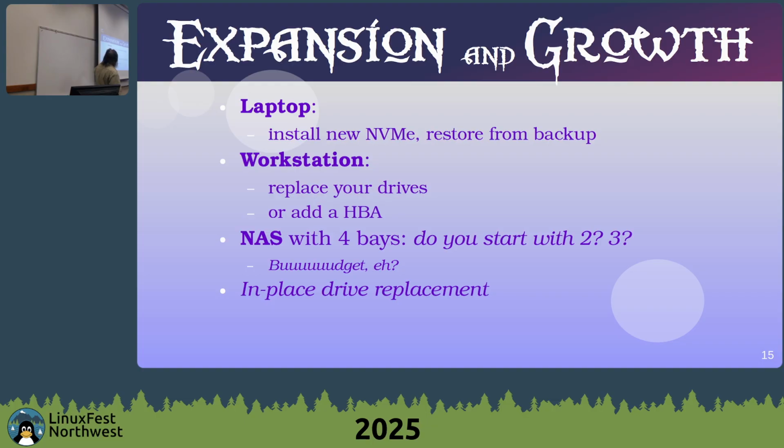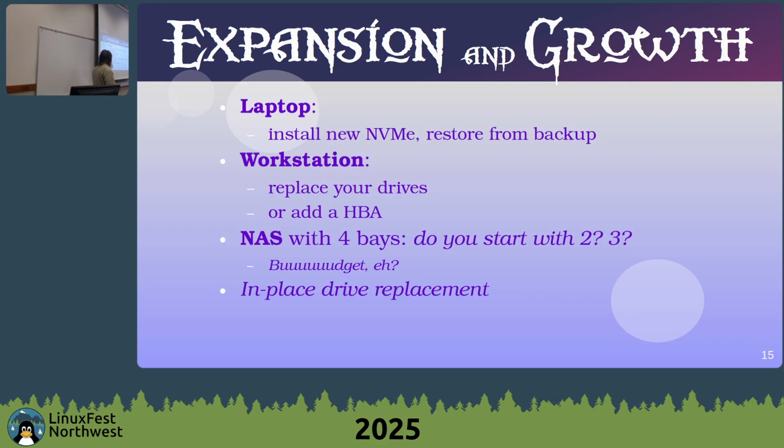Workstations, you might only have space for 4 drives, or if you have the monster truck size workstation case that has 9 or 10 drive slots, you can add another HBA and get extra support for 8 drives, and you can keep adding drives. But if you want to plan around a small NAS system with like 4 bays, how do you want to start with that?